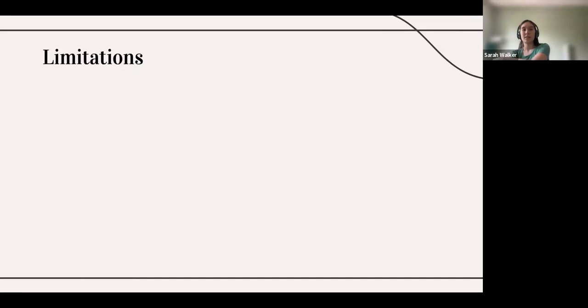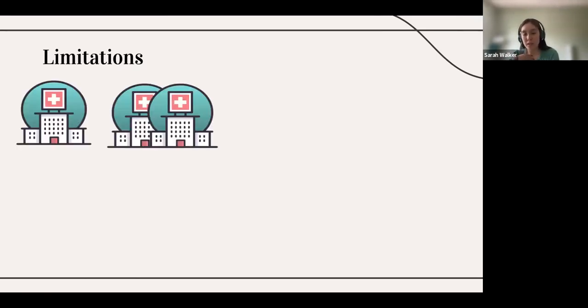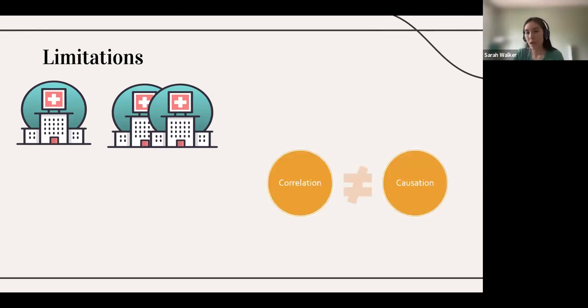Of course, as with any study, there are limitations. One would be that we're using one data set, the MIMIC-IV data set, and that data set only collects data from one particular hospital as opposed to multiple over a variety of geographic locations. So that could be one concern. The other would be that correlation is not always causation.